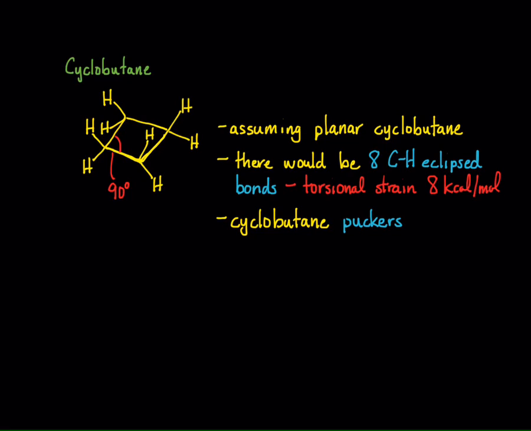It actually twists out of the plane of the board. Now, how does it do that? Well, essentially, I'm going to push one of the carbons down, and so now I get this. It's almost like a boat that has no bottom, and I'm putting it upside down, basically. So there's this little pucker, and that's what we call it, a pucker.